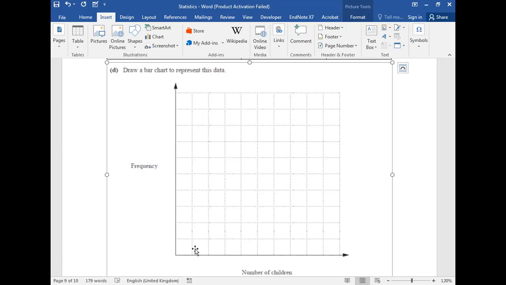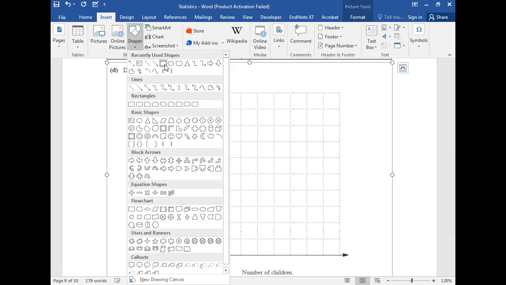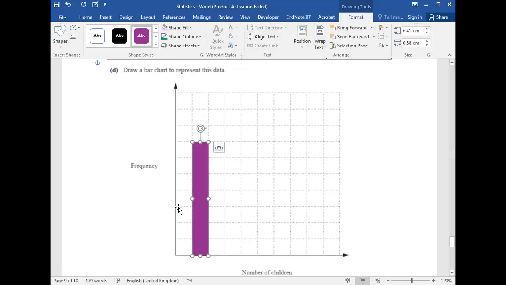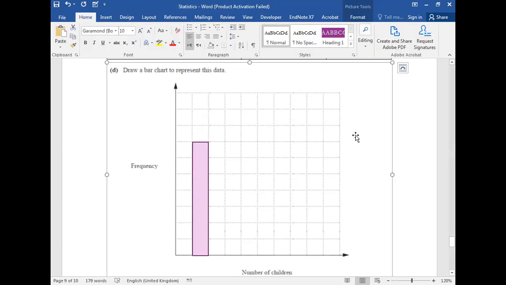So how many bars do we need to make? 5 bars. 1, 2, 3, 4, and 5. And what is the frequency of the first bar? 7. So 1, 2, 3, 4, 5, 6, and 7. Label the y-axis, I have constantly told you. And the x-axis, you will not need to label; you'll just need to label your bar.